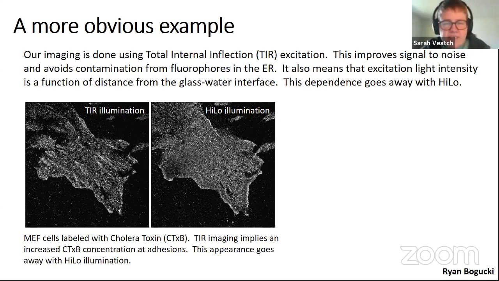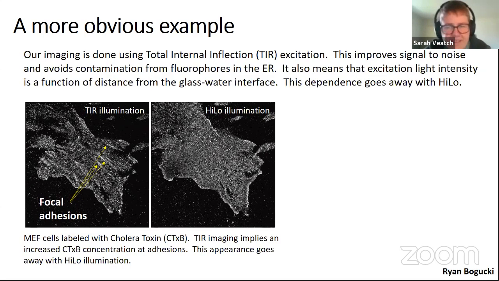And so I just have an example of another type of cell where I think this is super obvious. So this is a fibroblast growing on a glass slide with fibronectin. And basically when you do this, these cells end up having lots of focal adhesions, which is the point of contact between the glass and the cell membrane. And so if we take a probe that we think should pretty much uniformly label the membrane, and we image it in total internal reflection, we actually see what looks like this probe being enriched in these focal adhesion sites.